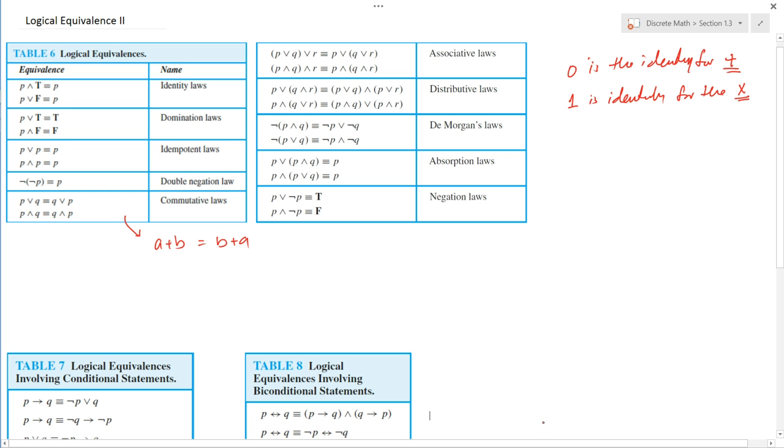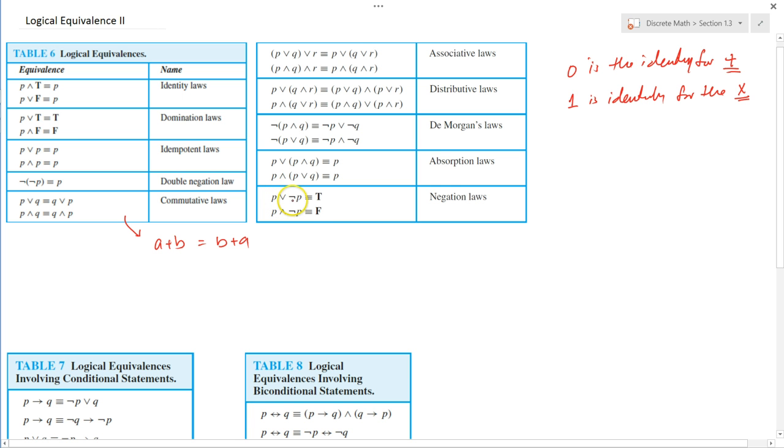The absorption law is also another law that can be used, and the absorption law says P or (P and Q) is equivalent to P. And this absorption law is for the OR and AND combination, and there is another one for the AND and OR combination, which is also equivalent to P. And of course the negation law, and we've seen the truth table for this negation law in a previous example in this video.